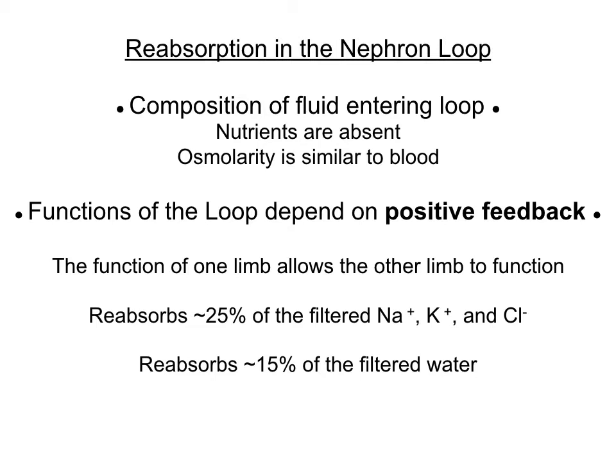It also reabsorbs another 15% of your filtered water, and this water movement is also obligatory water reabsorption. So it's water moving along its osmotic gradient, so water being obliged to follow the solute.